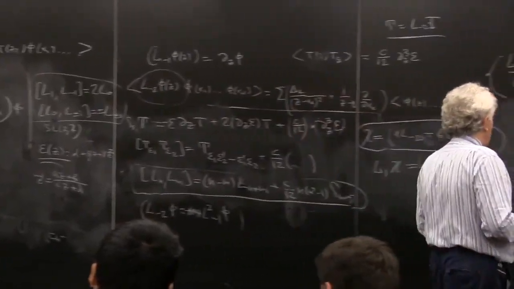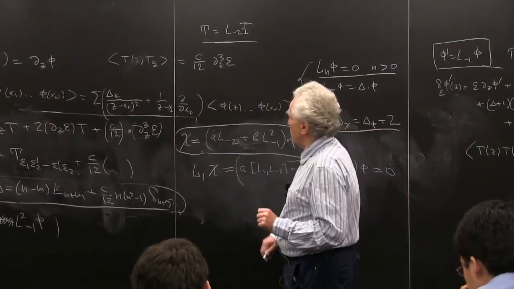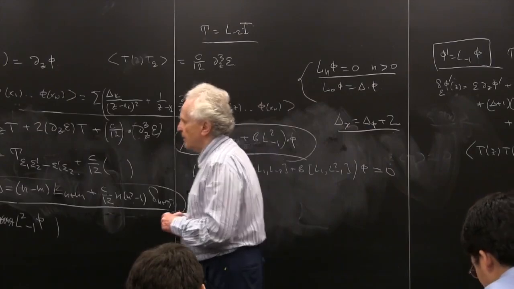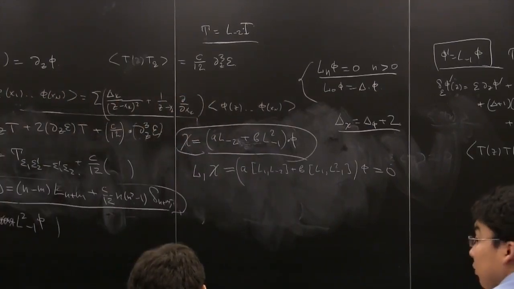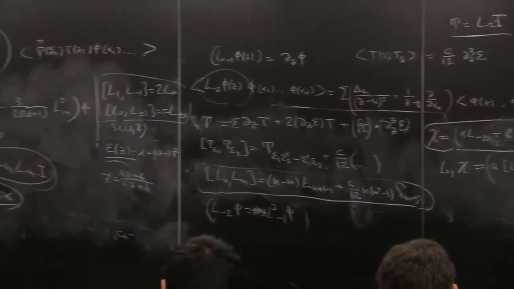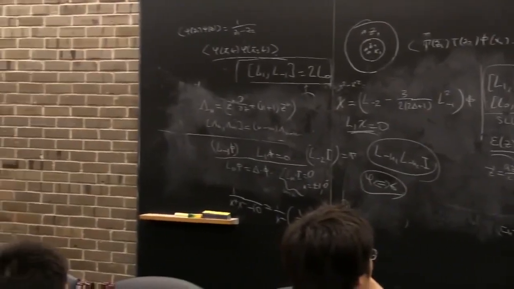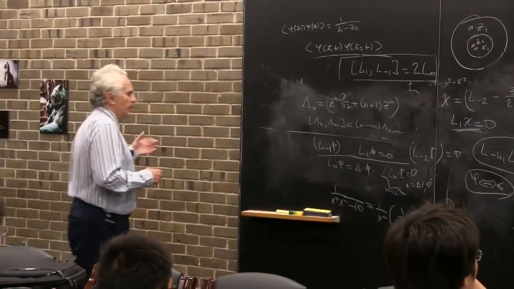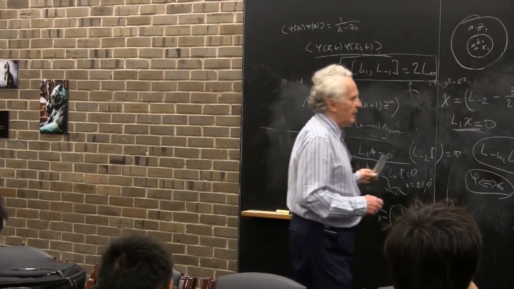So that's how things stand. And as I said, we are running out of time a little bit, so I will just state the result, and then we will prove it next time.